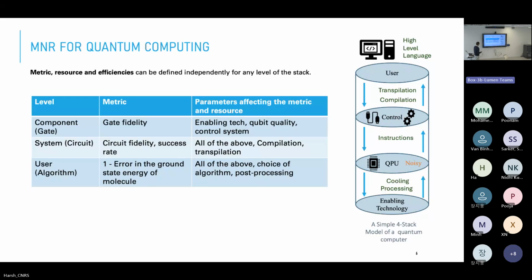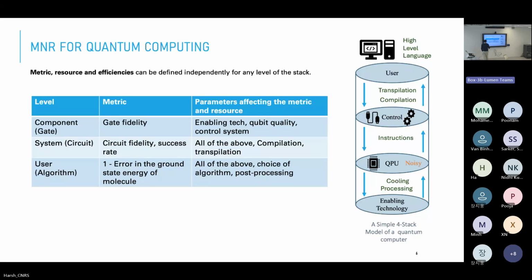A similar analysis is also true on the system or the circuit level, where now the metric of performance becomes the circuit fidelity or the success rate of carrying out, let's say, a computation for the given circuit. In order to affect the success rate or the circuit fidelity, you should ideally optimize over the metric of performance of the qubit, that is the gate fidelity itself, as well as implement clever routines for compilation, transpilation, or error management, and so on, in order to increase your success fidelity.